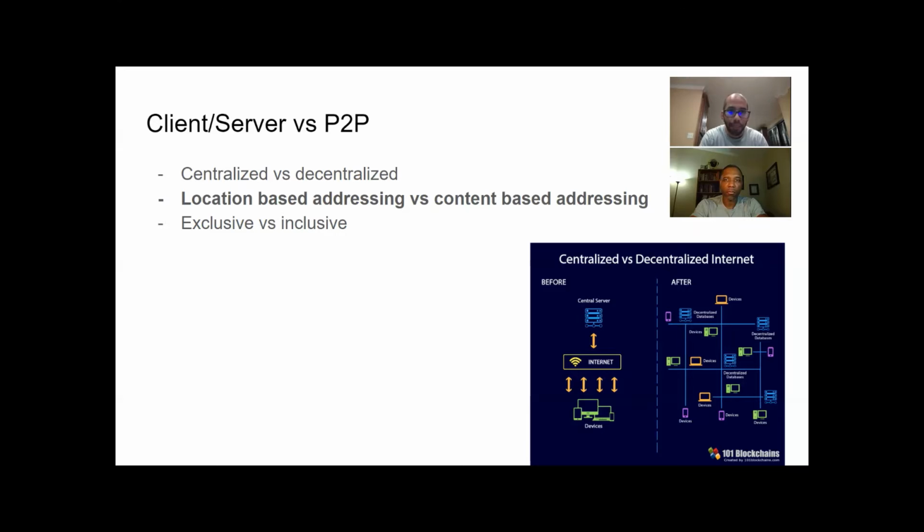So I think I covered centralized versus decentralized. Can you also, Avinash, talk about trust when it comes to Web 2.0 versus 3.0? Yeah, absolutely. So in terms of trust, you're talking about security, right? There's standardized security modules and protocols for encrypting your data at rest and in transit.